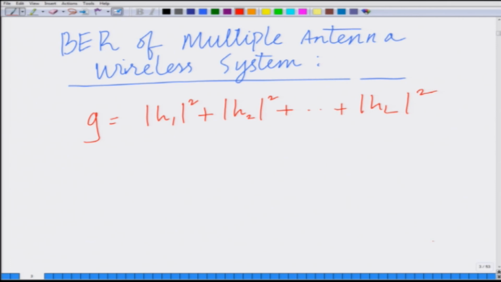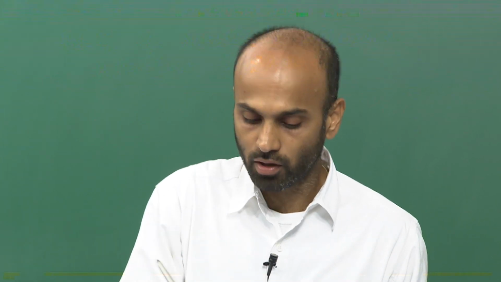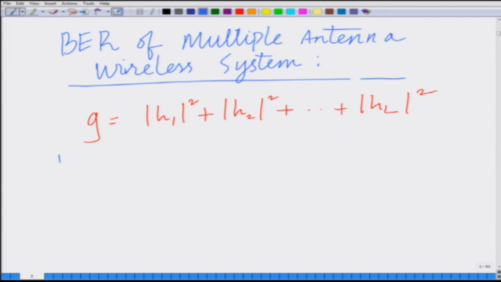Further, we are going to assume that these channel coefficients H1, H2 up to HL are independent, identically distributed Rayleigh fading channel coefficients with average power 1. So, we assume that H1, H2, and so on are independent random variables and identically distributed.